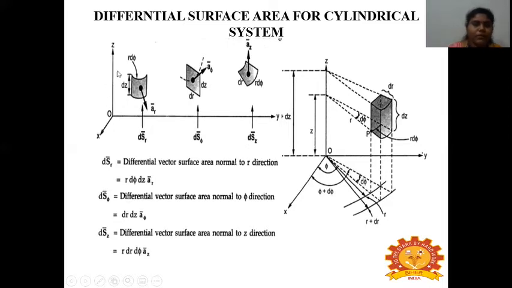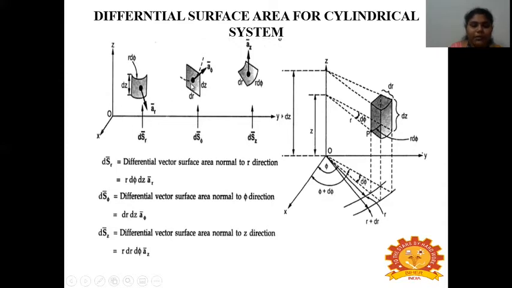We have shown that separately here. So the ar vector will be normal to the two surfaces, dz and r d phi. So for the dsr vector, the differential surface for r, the formula will be r into d phi into dz into the unit vector ar.